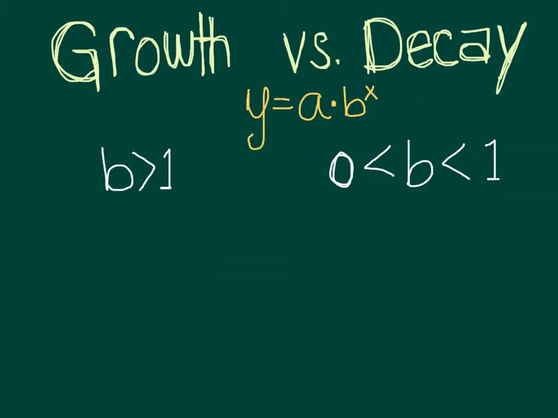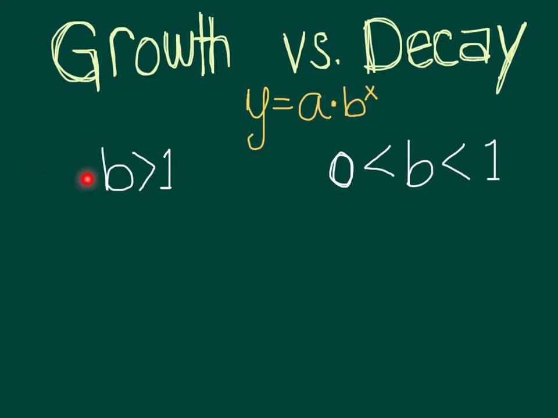When you look at an exponential function, one of the first things you always want to identify is if it's a growth function or a decay function. Basically, that means as time goes on or as the x values get bigger, is our function growing or is our function decreasing? And what's going to determine that is the value b.